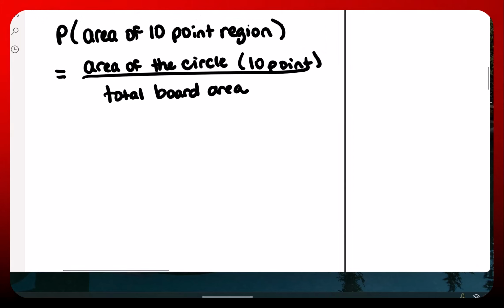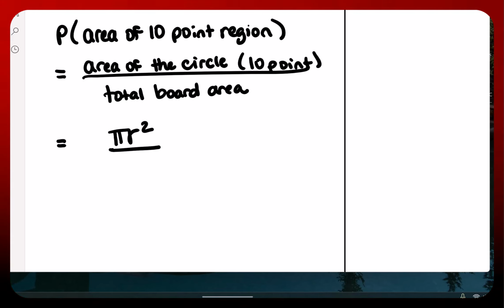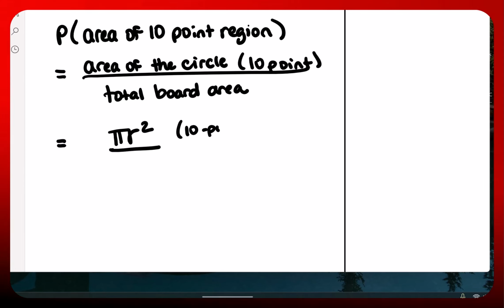Okay, so when you're doing your geometric probability, you want to have a plan. So probability is the space that you want to hit. So I want to hit that circle, okay? So I'm going to go ahead and write the formula for that, which is going to be pi r squared. So that's the 10-point zone right there.